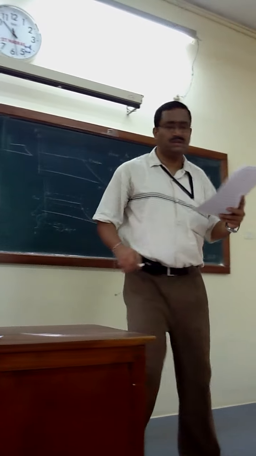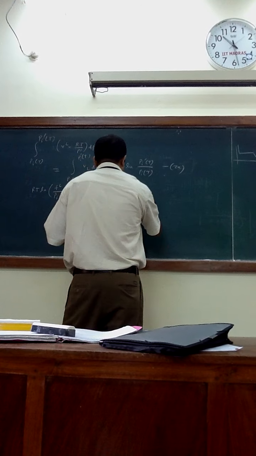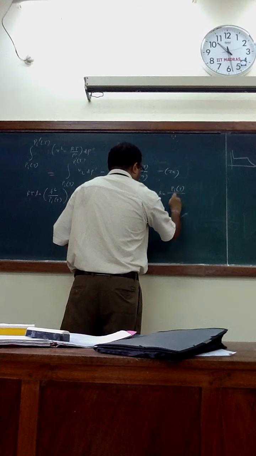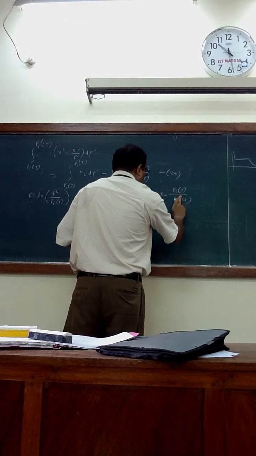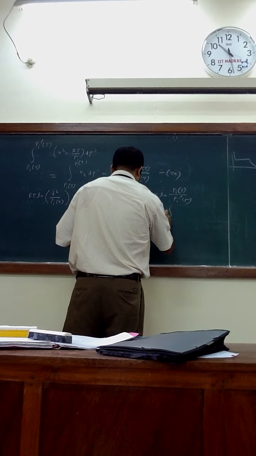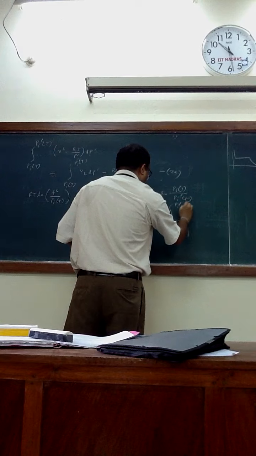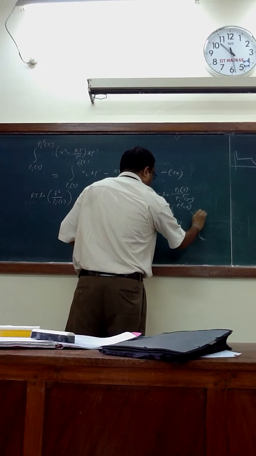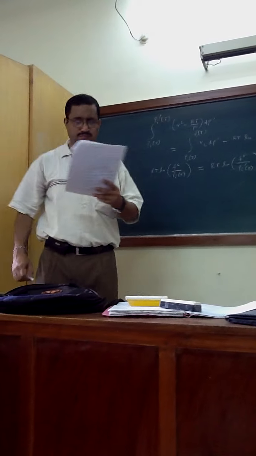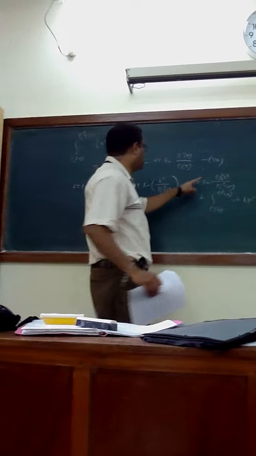Plus RT ln Pi T by Pi prime T. Then Pi T to Pi prime T Vl dP prime. Correct?